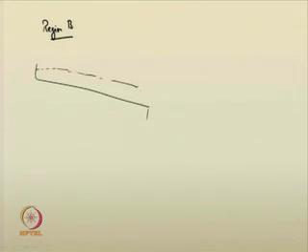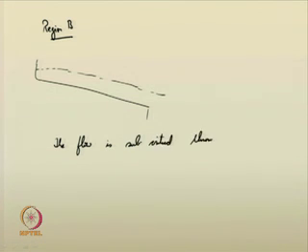Region B. In region B, say if this is the critical depth line, again the flow is subcritical throughout. Now, the assumption here is that the depth of flow may first increase, then it may decrease like this.